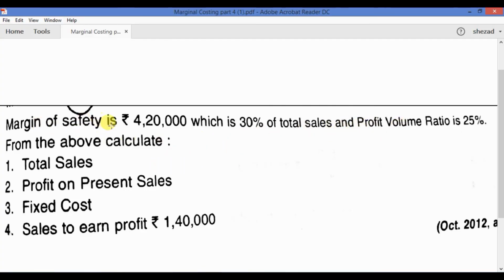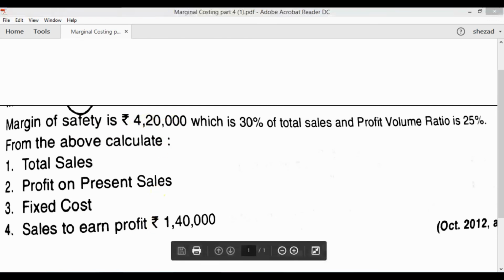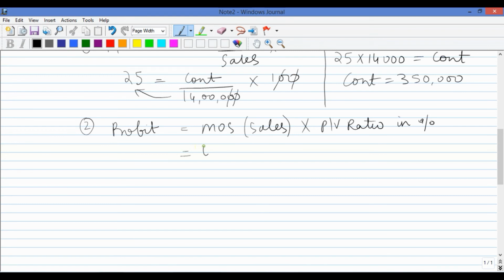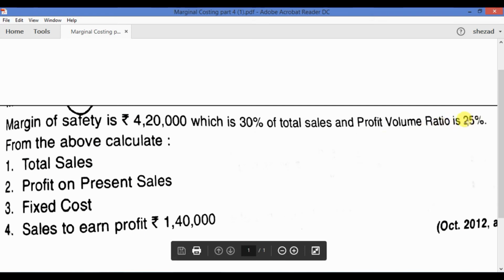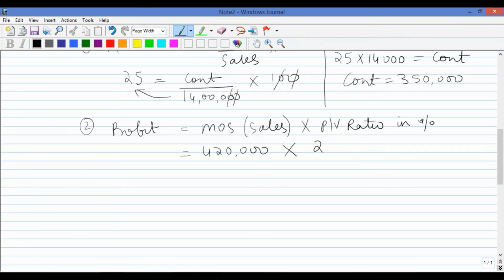So the margin of safety is 4 lakh 20, and the PV ratio we are aware is 25%, the profit volume ratio. So I will take it as 25 by 100.